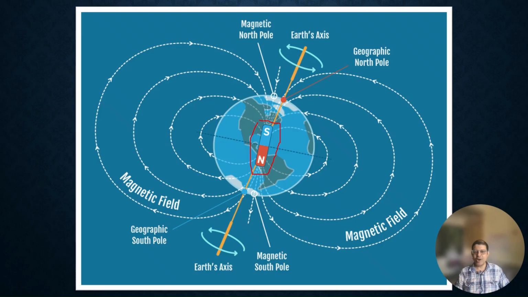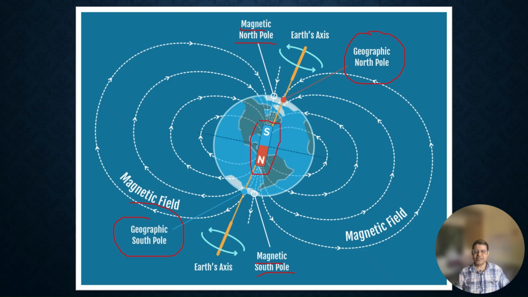And if you see here, the south of the bar is at the Earth's magnetic north, and the north of the bar is at the Earth's magnetic south pole. And the geographic north pole is a little distance apart from the magnetic north pole. And the geographic south pole is a little distance apart from the magnetic south pole.